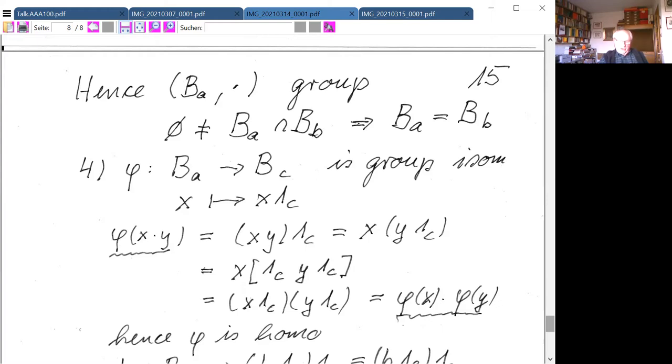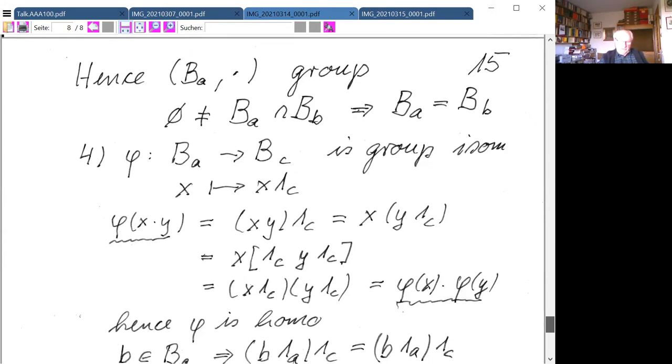We have a mapping from B_A to B_C, x in B_A mapped to x·1_C in B_C. I prove that this is a group isomorphism. First, it's a homomorphism. That's relatively easy.